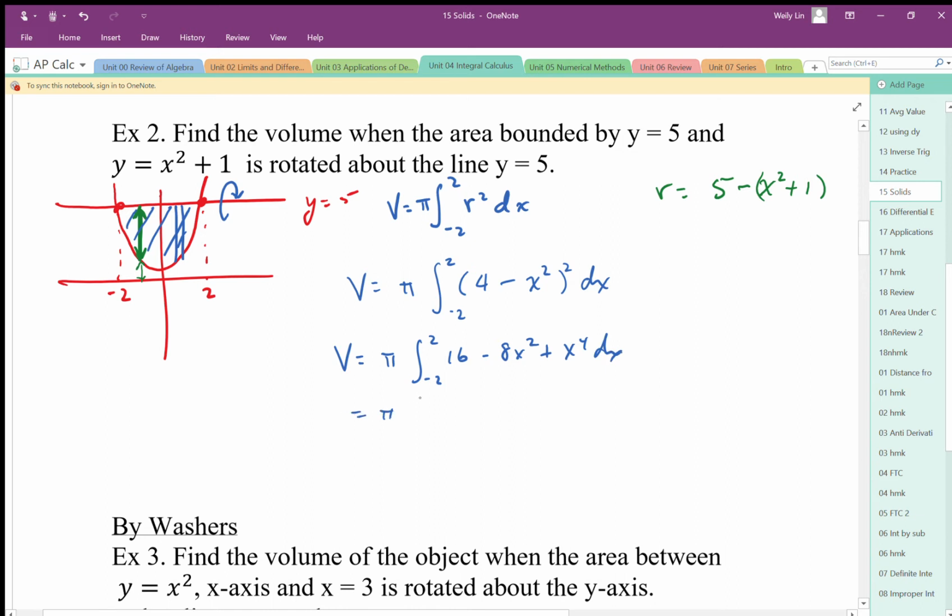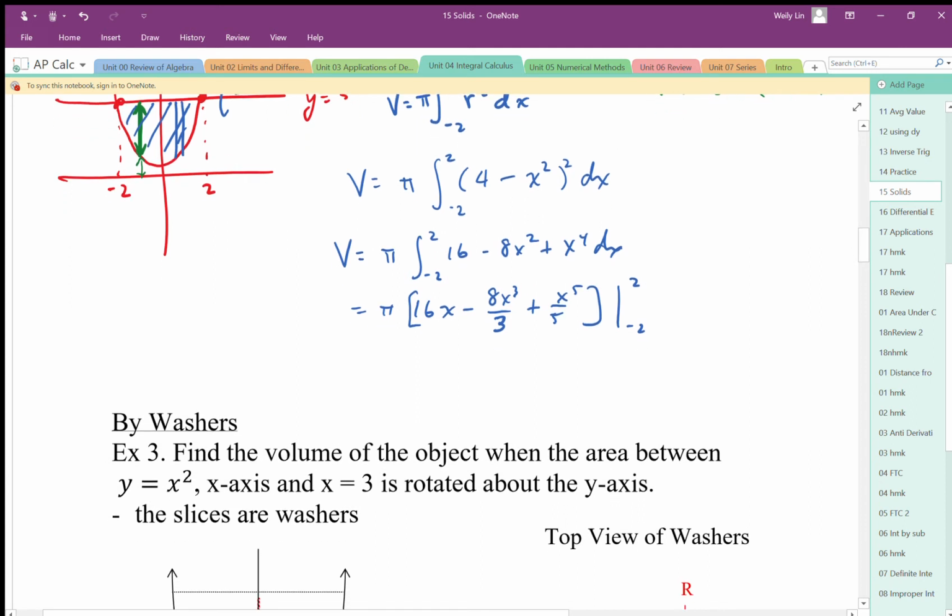Plugging it in, we're going to end up with 16x minus 8x cubed over 3 plus x to the fifth over 5, and we're going to integrate that from -2 to +2. Okay?